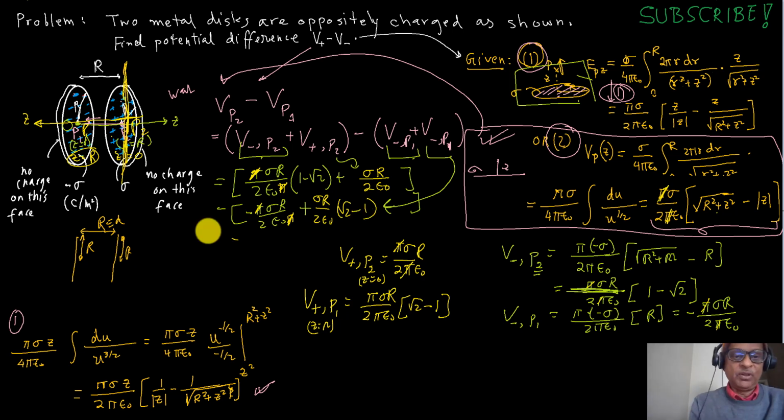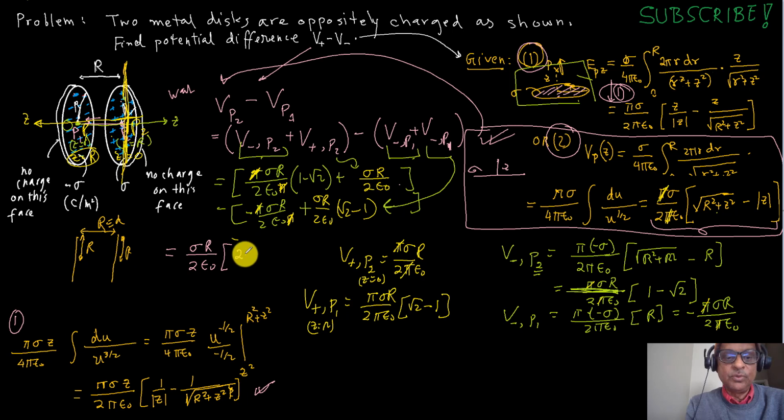Now that we have all the pieces, we can write the answer very readily. So σr over 2ε₀. You have a 1 here and 1 here.